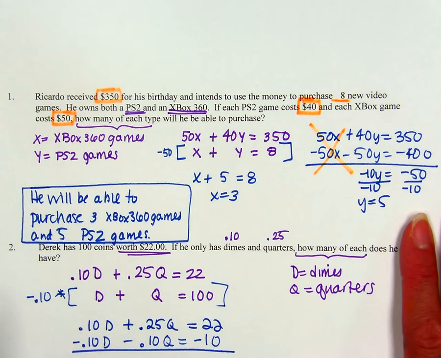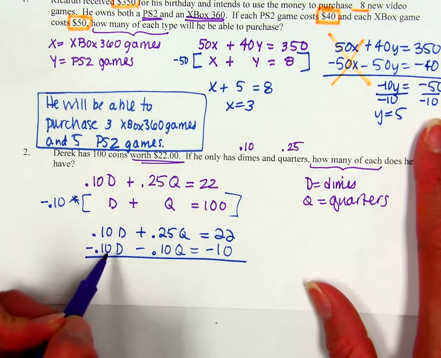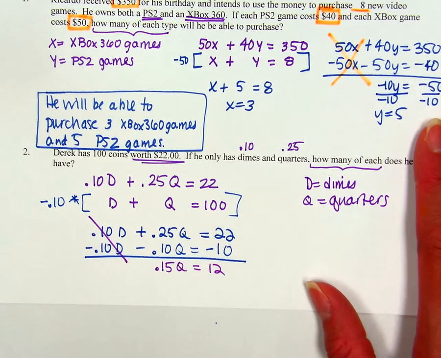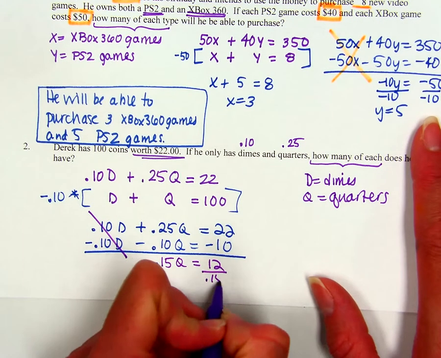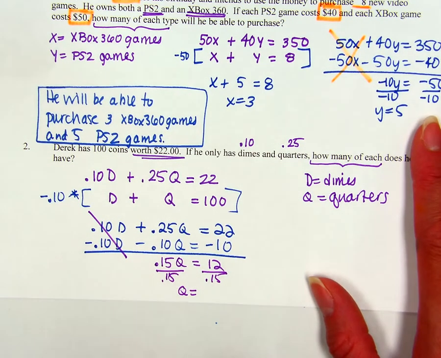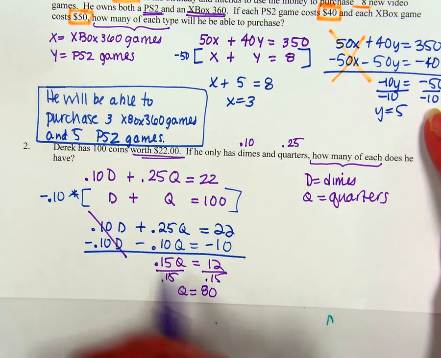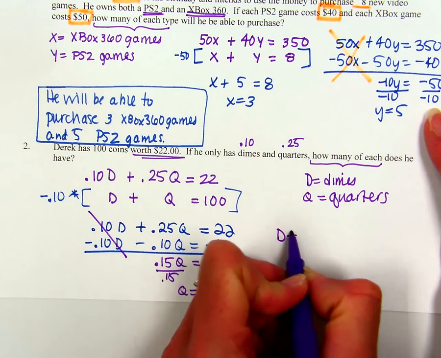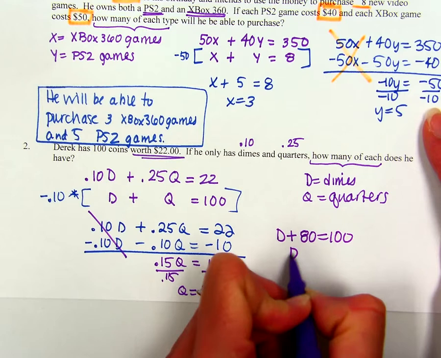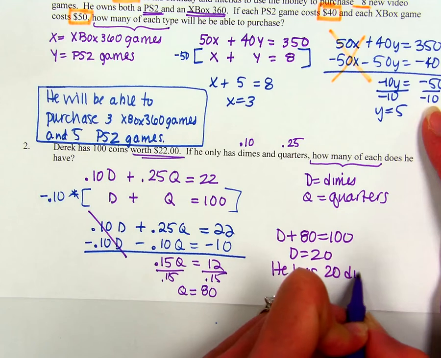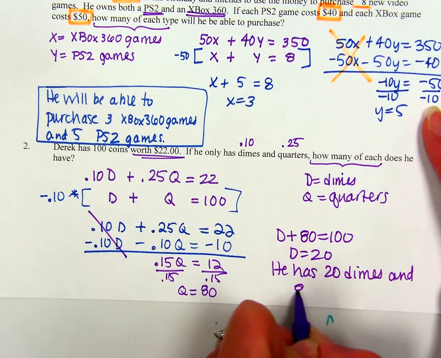You should be able to see that one of your variables cancels. So the d's cancel, and I have positive 0.15q equals 12. If you divide both sides by 0.15, you get q equals 80. All right, so that answers part of my question. I have how many quarters I have. How many dimes? This is the easiest equation. So dimes plus 80 equals 100. Well, dimes is 20. So to answer the question, he has 20 dimes and 80 quarters.